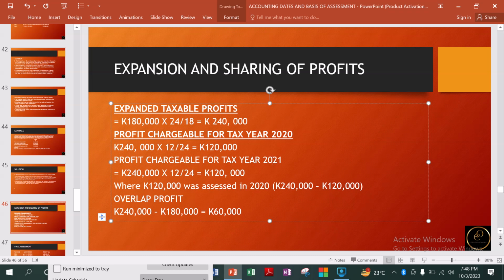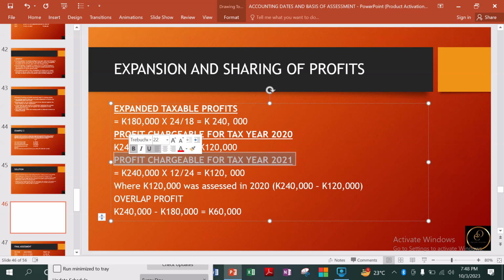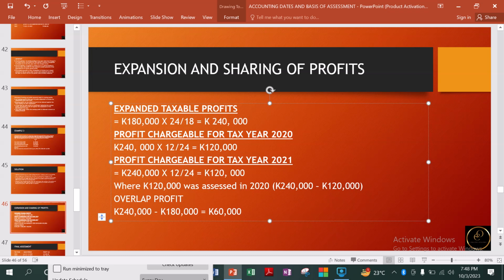So you split this into 2 equal parts: half of it for 2020 and the other half for 2021. So that's what is happening here.